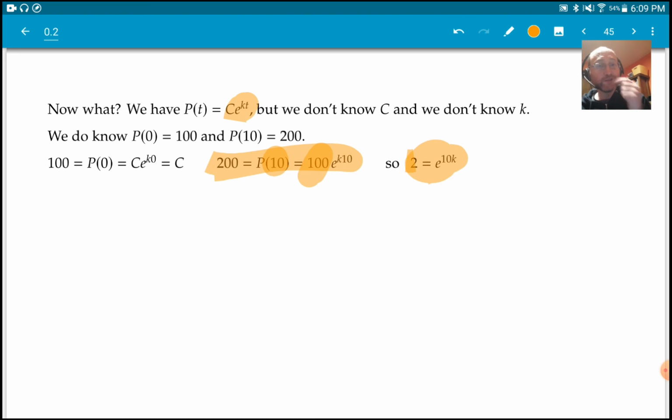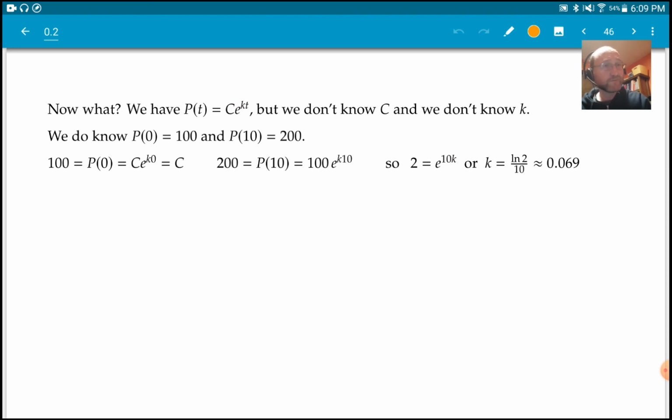So 2 is e to the 10k, and that's easy to solve. I just take the logarithm of both sides. That makes log of 2 equal to 10k, and then divide by 10. So I get that k is log of 2 divided by 10, approximately 0.069, and some other digits. So approximately that.